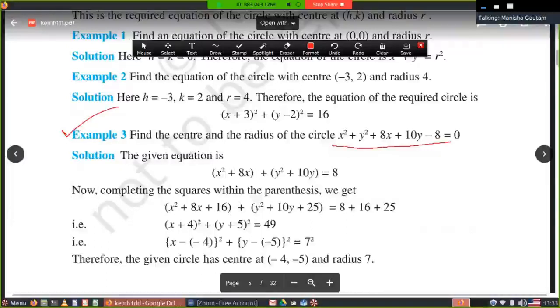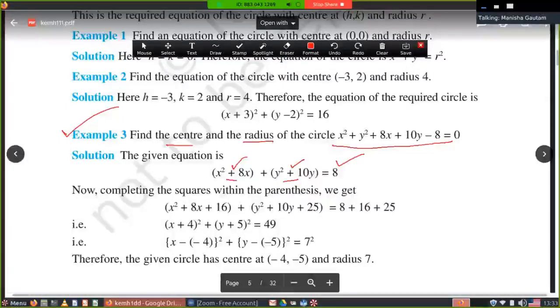As we have studied in class 10, the completing the square method in the quadratic equation chapter, here you have to collect the terms of x and collect the terms of y, and take the constant term to the right hand side.